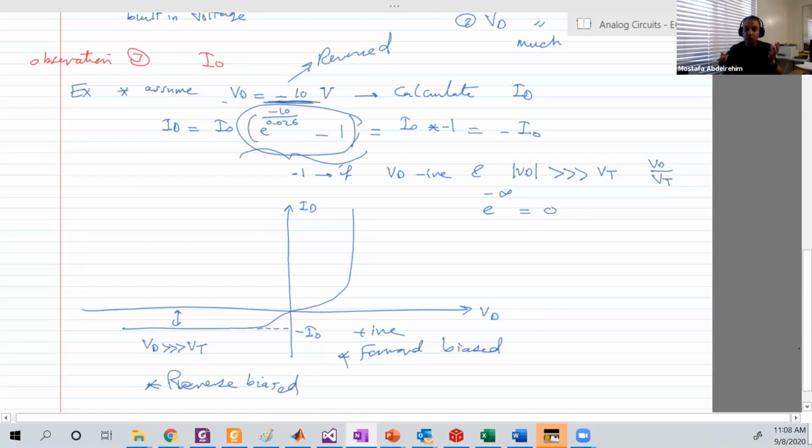I said that I naught, now we have a definition for it. We know its physical meaning. It is the current that flows through the diode when the diode is deep reverse biased. Okay? So where did this current come from? There should be some carriers.